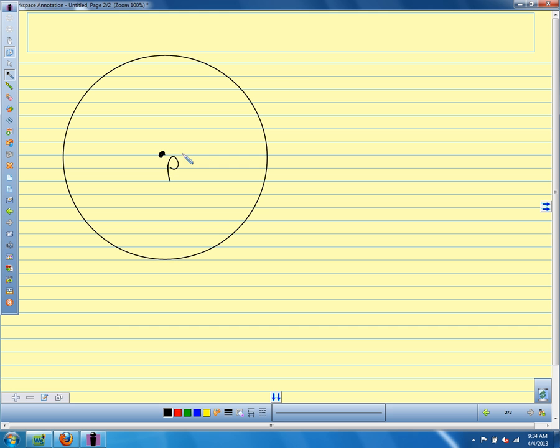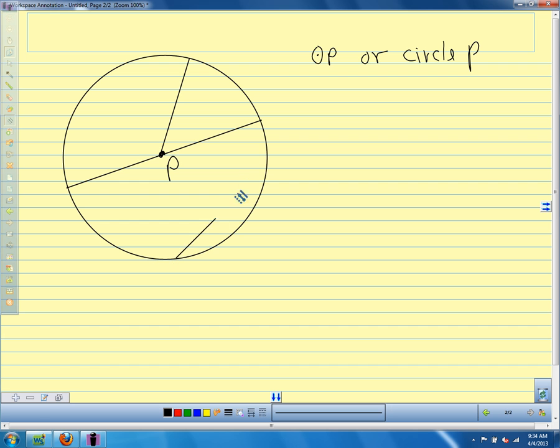And there's the center P. So this would be circle P. And we'll draw in some segments. So there are some segments in our circle.